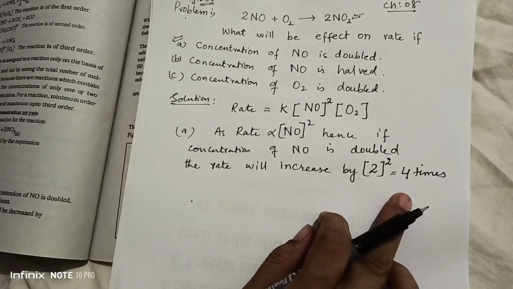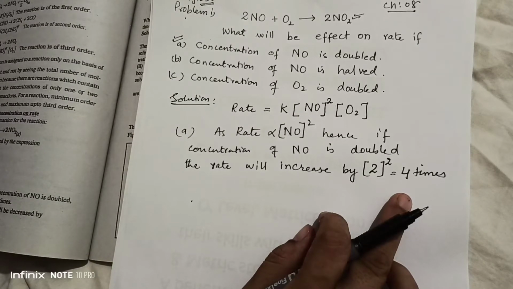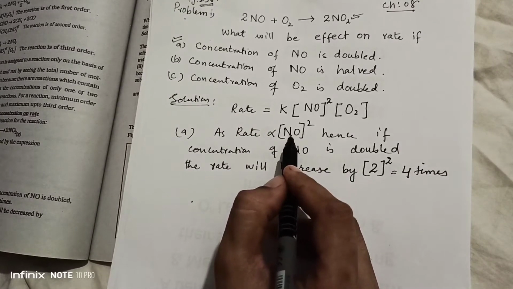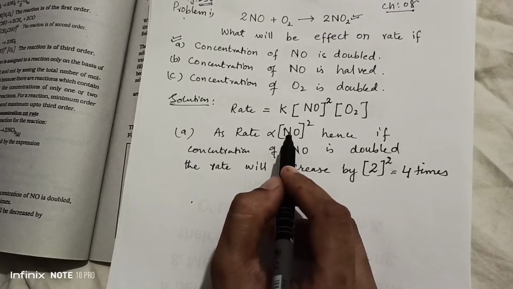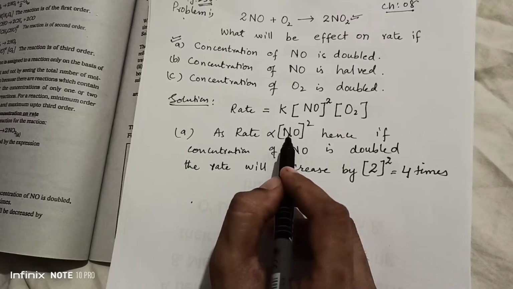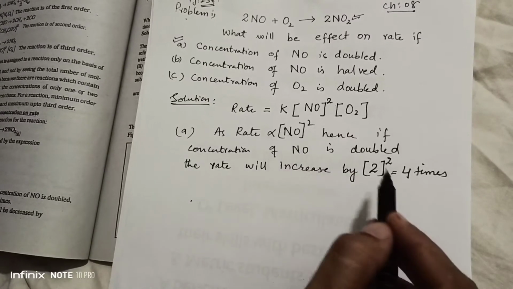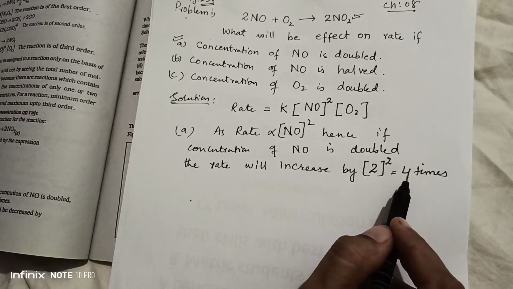Similarly, if the question asks what will be the effect on rate if the concentration of NO becomes thrice, you put 3, and 3 threes are 9. The rate will increase 9 times.